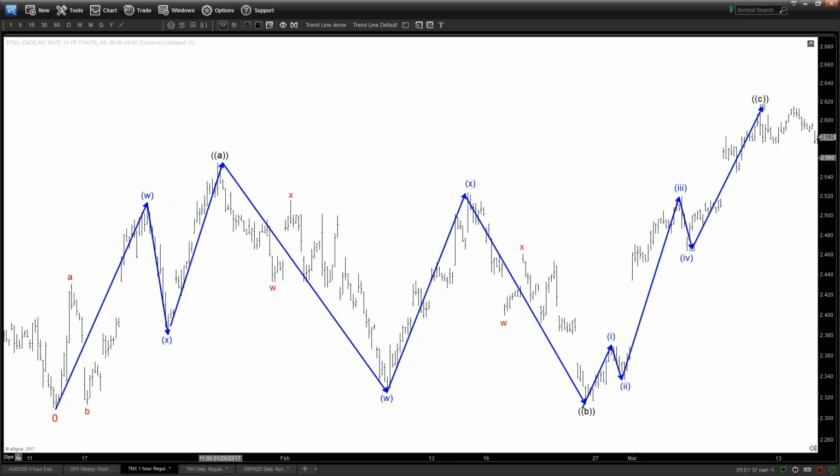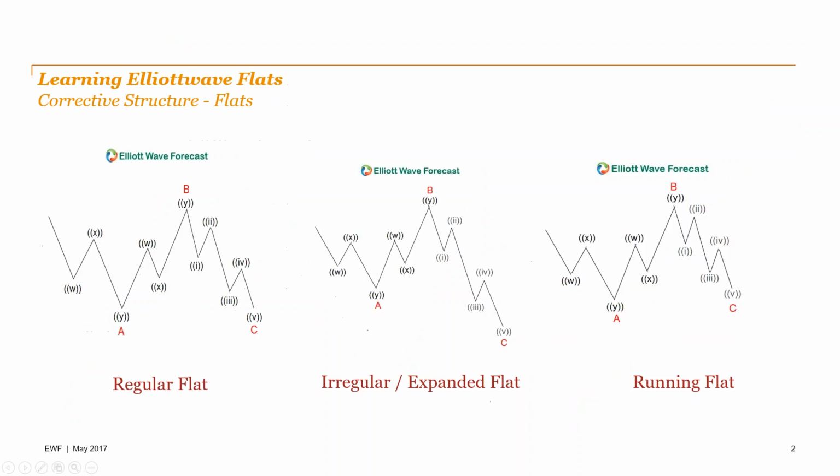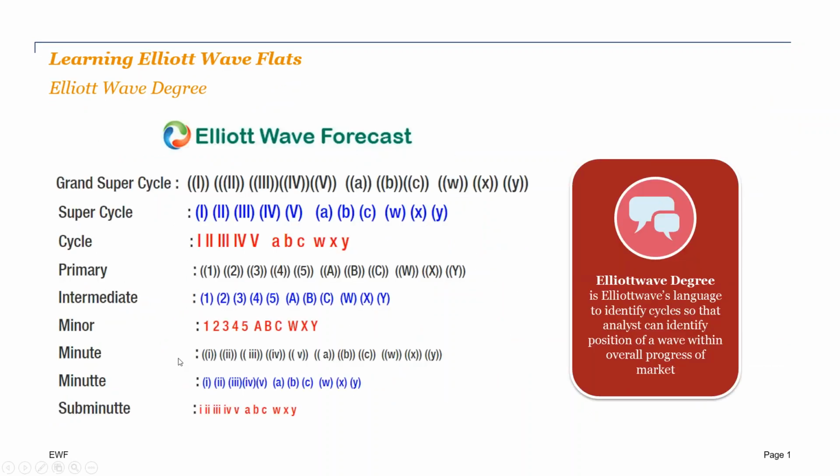That's why, like I tell you, for you to be able to read the chart, you need to understand the different degrees. Like this one we talked about earlier, the black degree is called the minute degree. Back here, this is the minute.